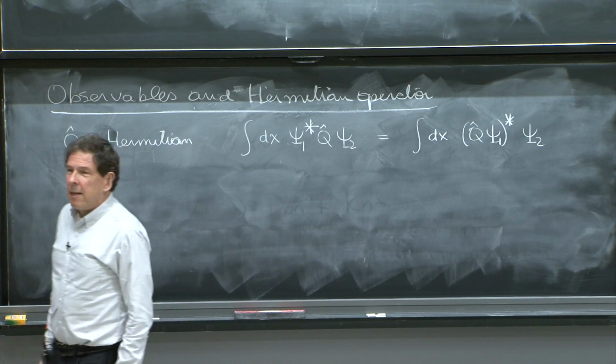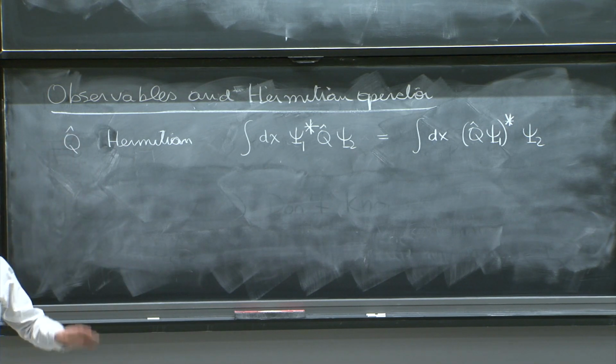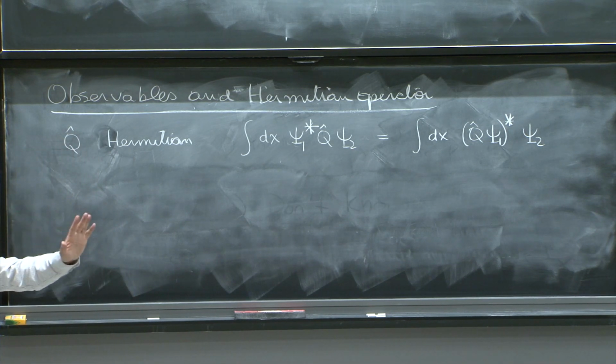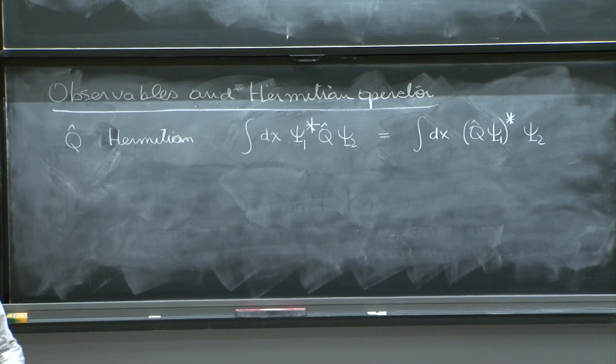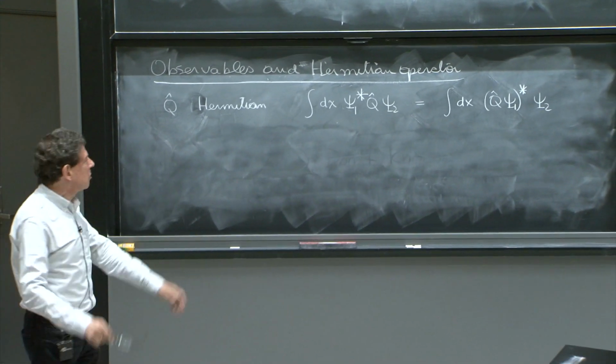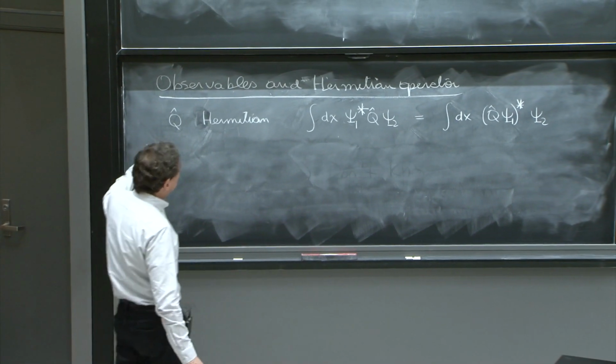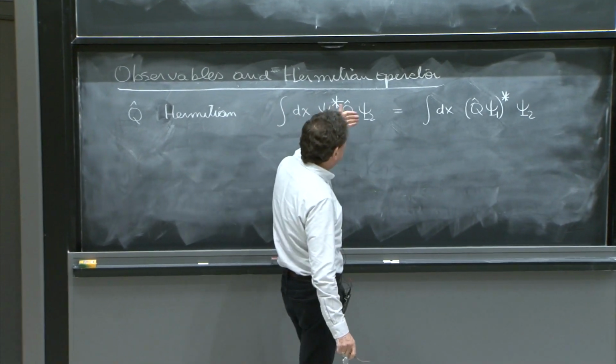As you've learned already, this requires some properties of the wave functions far away at infinity, some integration by parts, some things to vanish, but this is the general statement for a large class of functions.